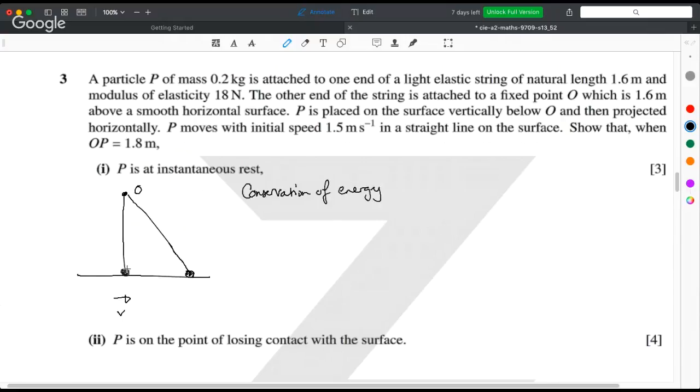And so we know at this point, what energy is it going to have? Well, it has kinetic energy, 1/2 mv squared. And the string has not been stretched. So the thing is, this is 1.6 meters.